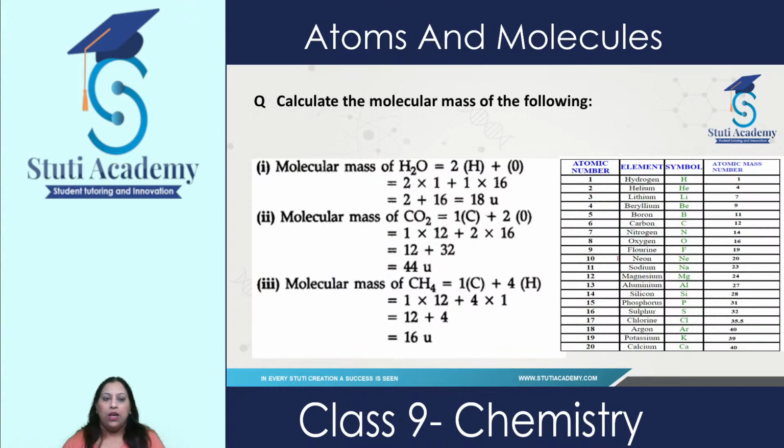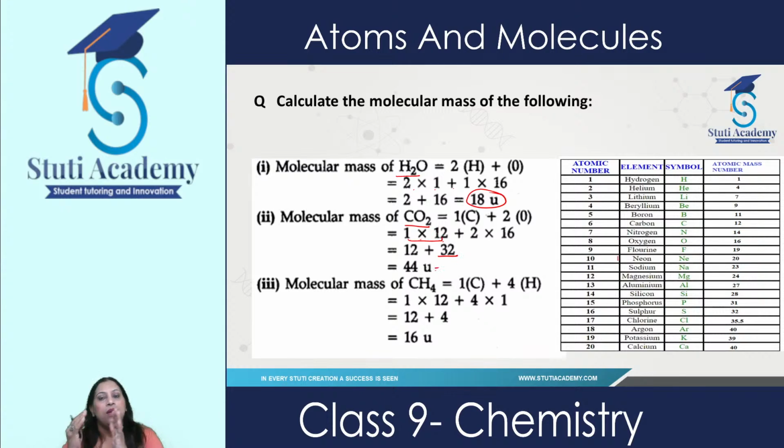Now these are other examples of molecular mass. Water: same process, 2 into 1 plus 1 into 16, 18 U. Molecular mass of carbon dioxide gas, 1 into 12 plus 2 into 16. So 12 and 32 is equal to 44.